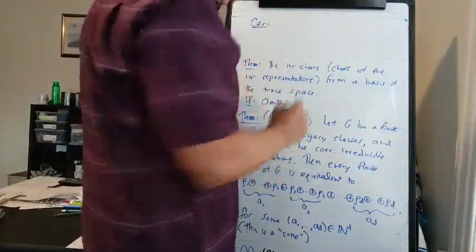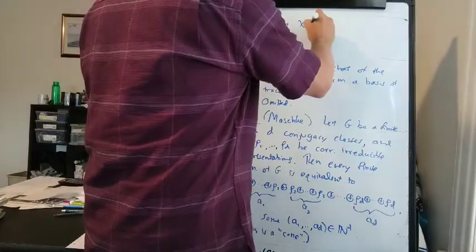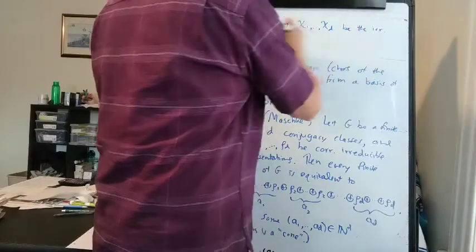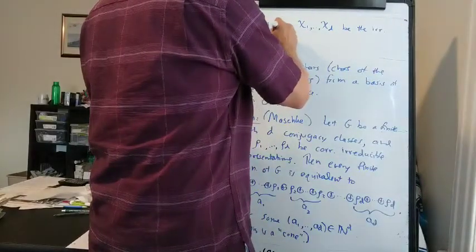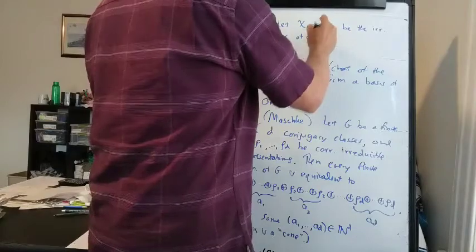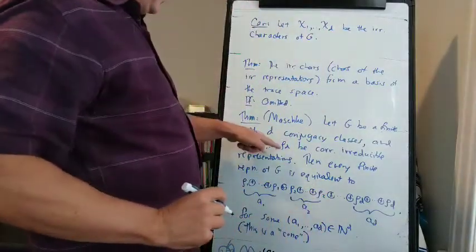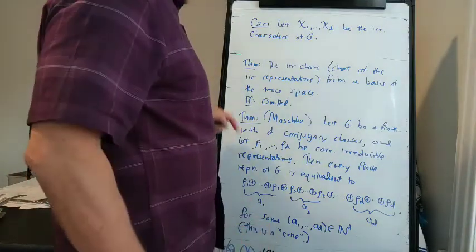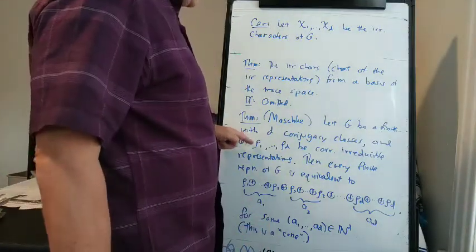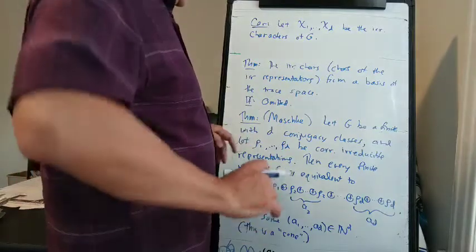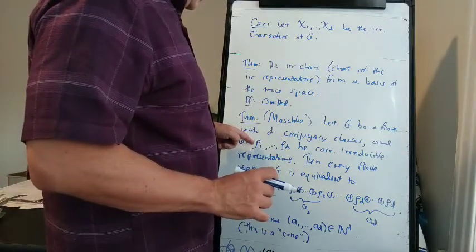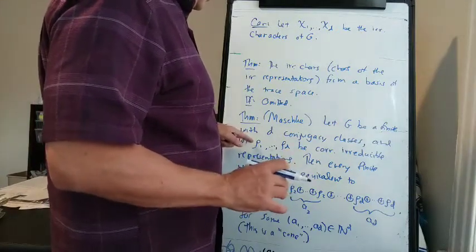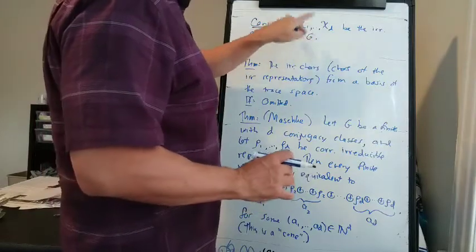All right, as a consequence, let's let chi1 through chi d be the irreducible characters of G. So the characters of these D irreducible representations. Now the irreducible representations are equivalent up to conjugating by invertible matrices. But no matter what we conjugate by, the trace is going to be the same. So there are no equivalence classes here.